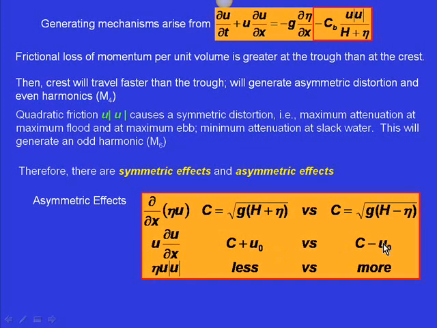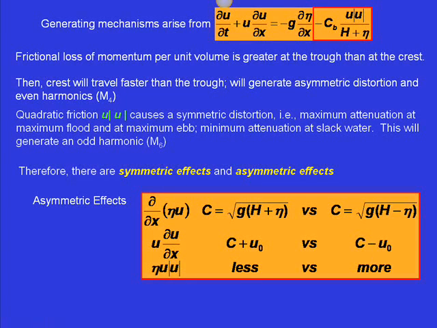And also from the frictional loss of momentum per unit volume, which is one of the terms that comes from the frictional term here. This term will cause less frictional loss during flood and more frictional loss during ebb because it's shallower.